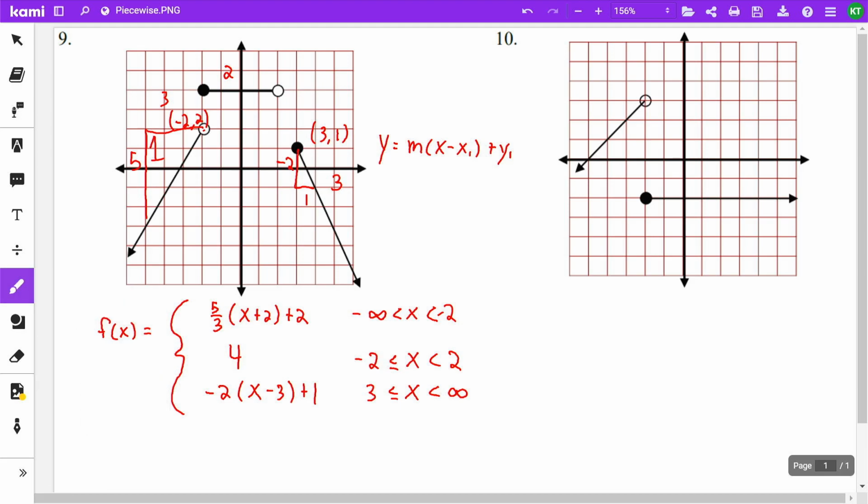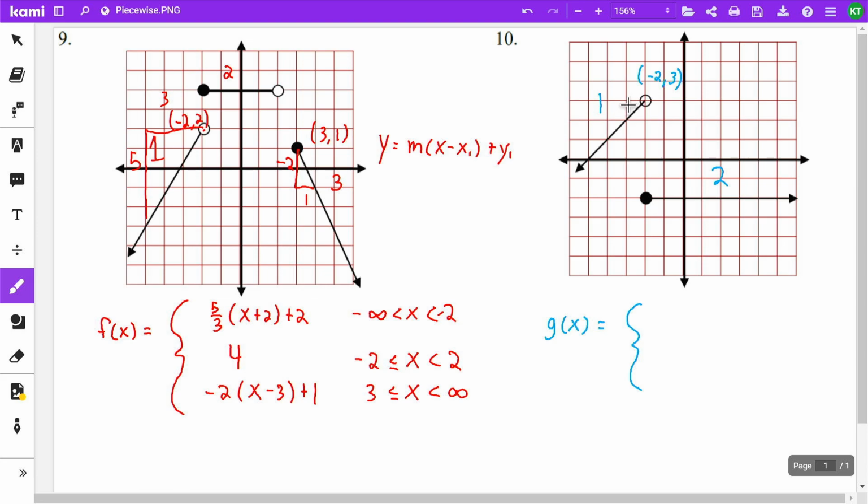We're going to follow the same exact process here. We only have 2 lines, so that means we're going to be writing 2 equations or 2 subfunctions. So I'll call this one g of x, and that's going to be equal to, if I look at my first one, I'm going to use point slope form. So my point for this one is going to be at -2, 3.